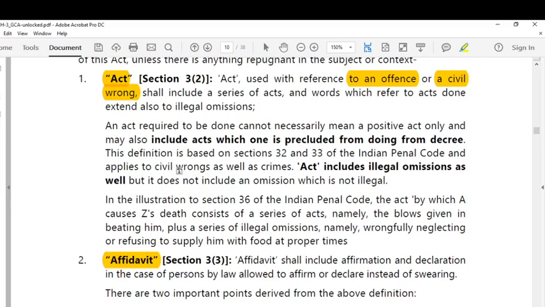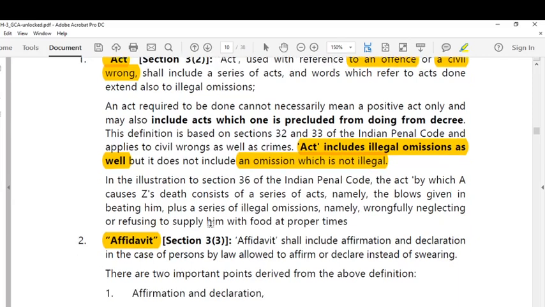This definition is based on sections 32 and 33 of the IPC and applies to civil wrongs as well as crimes. Act includes illegal omissions as well, but it does not include an omission which is not illegal.